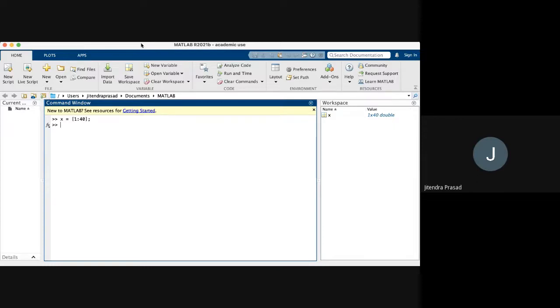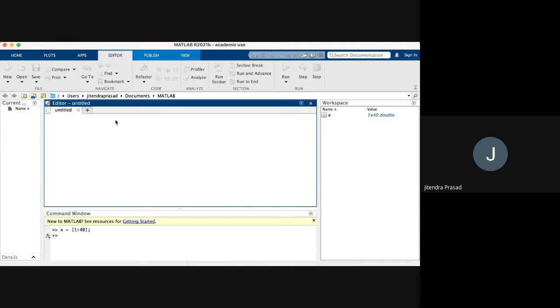So our problem, if you remember, was a truss problem with three members, and the same thing we are going to solve. We will open a new script file, and this we are going to use. Let me increase the font size.